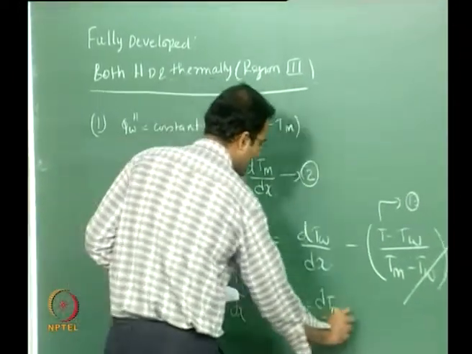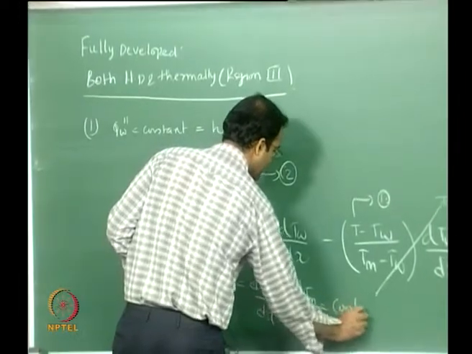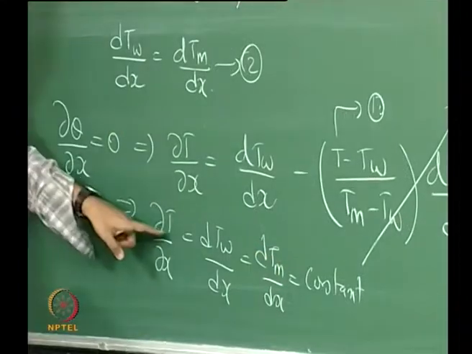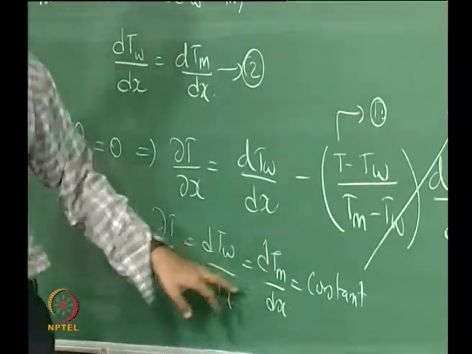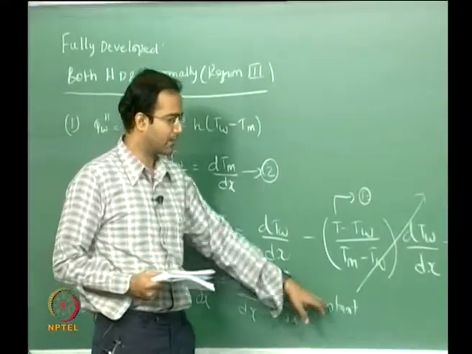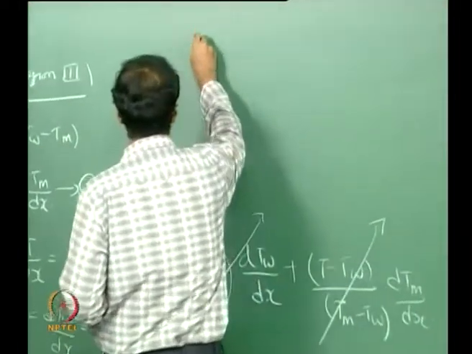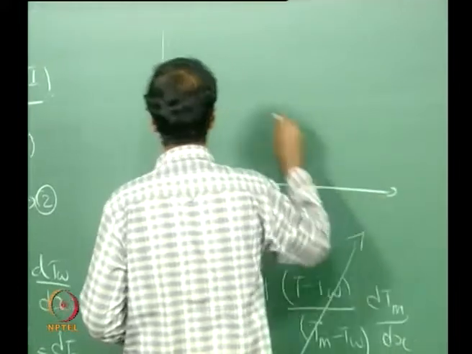We have seen that this is possible only if these are equal to a constant, because this is a function of both r and x, but these are only a function of x. The slopes can be the same only if this is equal to a constant.